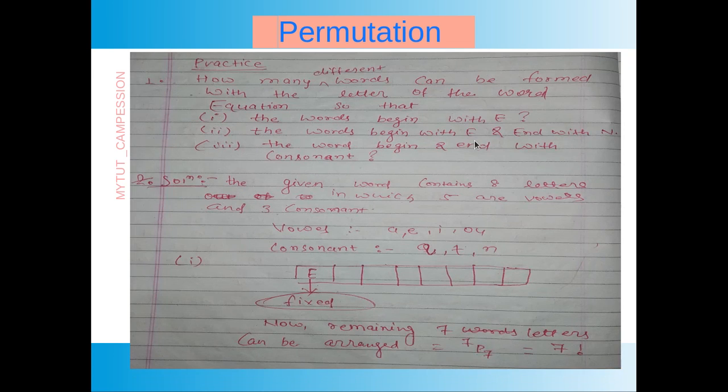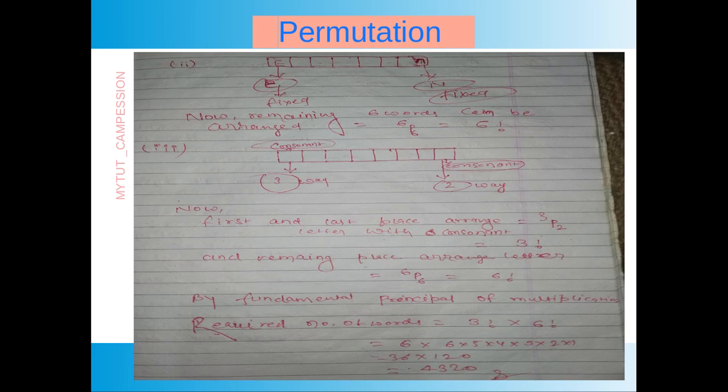Now the third question: the word begins with a consonant and ends with a consonant. The condition here is applied for consonants. Here we have 3 consonants and 5 vowels.